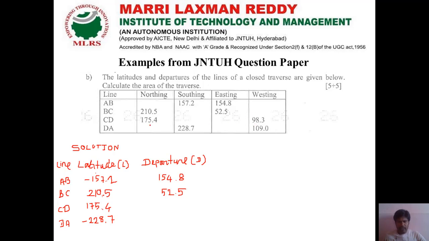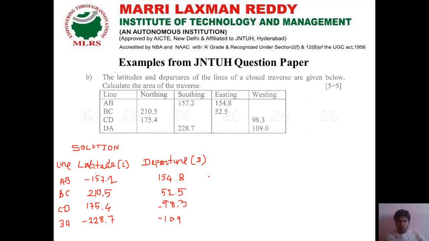For line CD, it is westing, 98.3, so minus 98.3. And the last line DA, the reading is minus 109, since that also lies in the west direction.